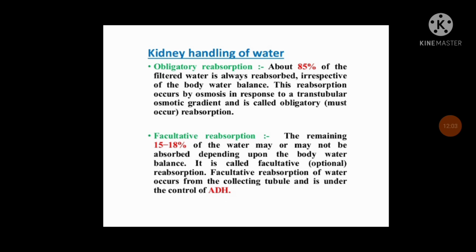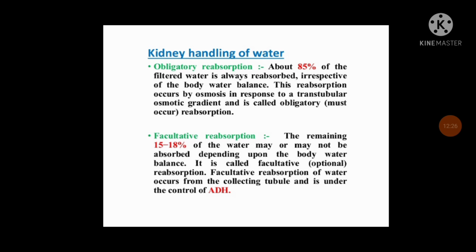The kidney handling of the water. About 85% of the filtered water is always reabsorbed irrespective of the body water balance, and this reabsorption occurs by osmosis in response to a transtubular osmotic gradient. This is called obligatory reabsorption, or must occur.